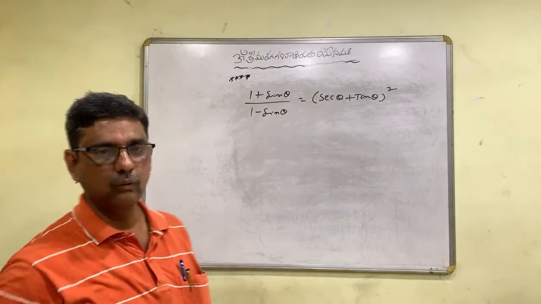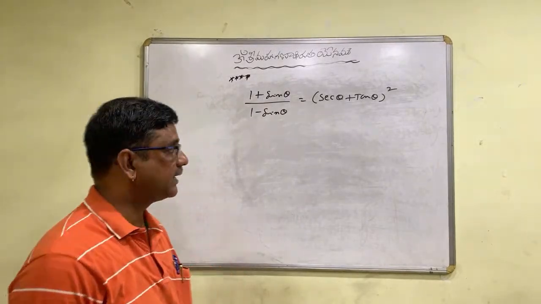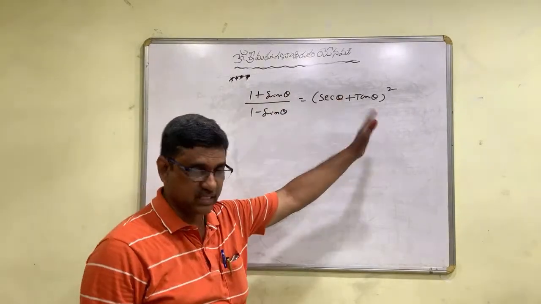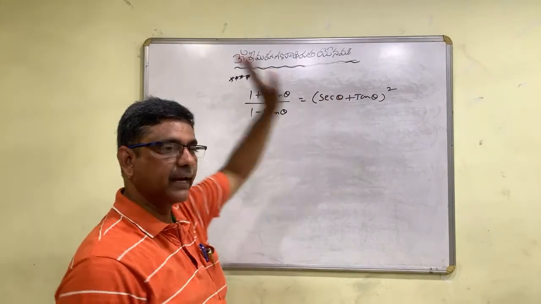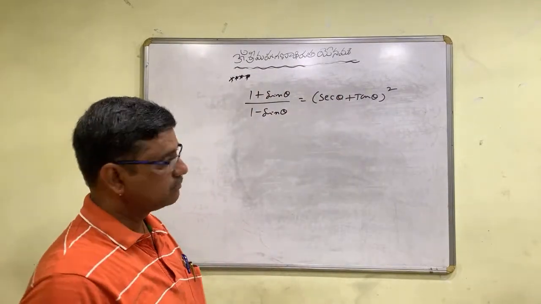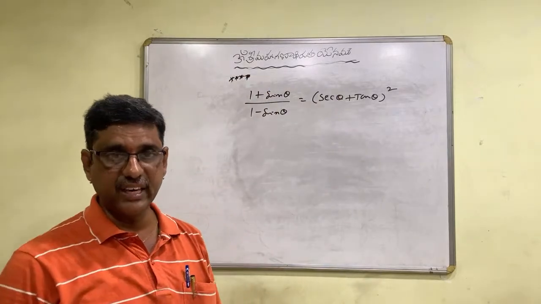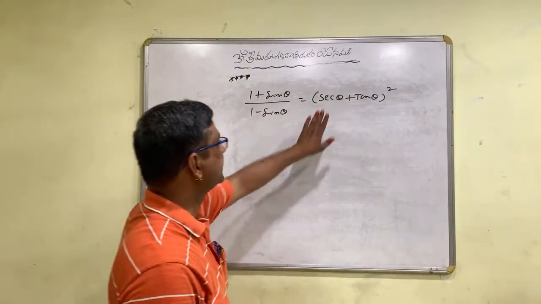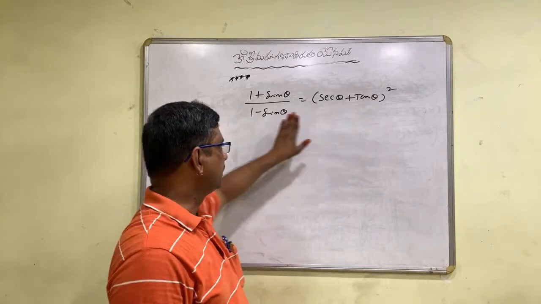So children, this problem we can start by taking LHS and proving RHS, or by taking RHS and proving LHS. We can do it on both sides. But in this particular problem, it is easy if we consider this one as the given problem and this is the answer.